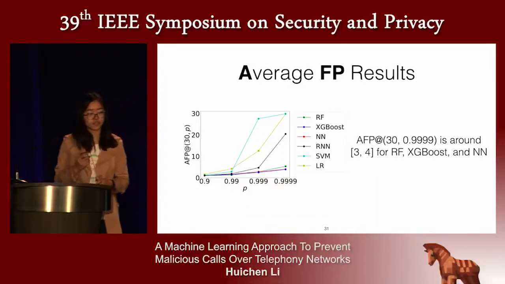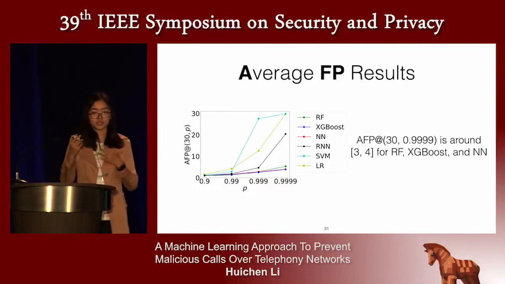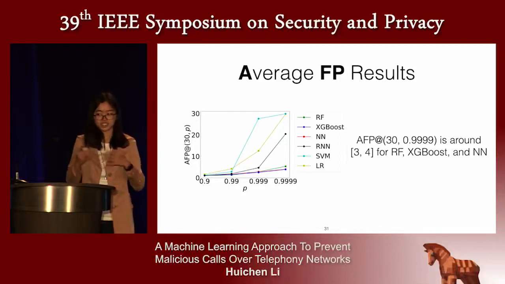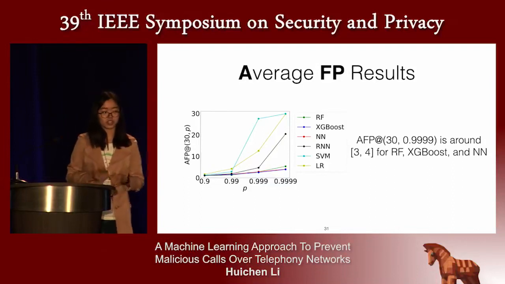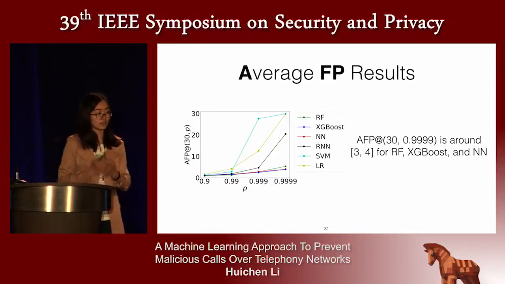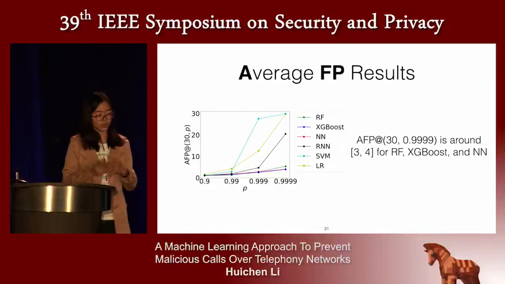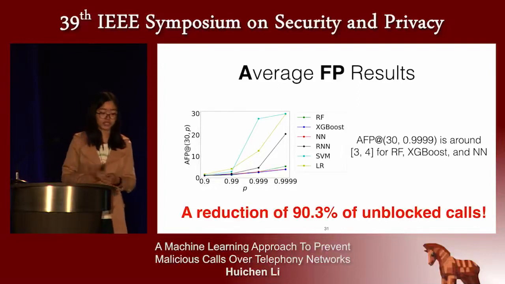And you can see if we make sure the precision for the benign callers is 0.9999, the AFP is around 3 to 4, and this is very low compared to the common label threshold, which is between 30 and 100. So this is a reduction of over 90% of unblocked calls.